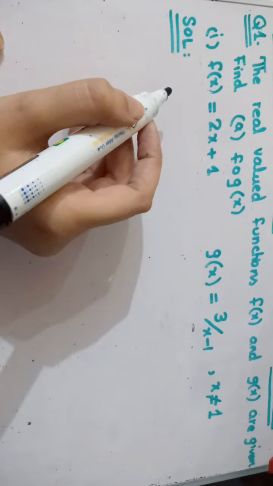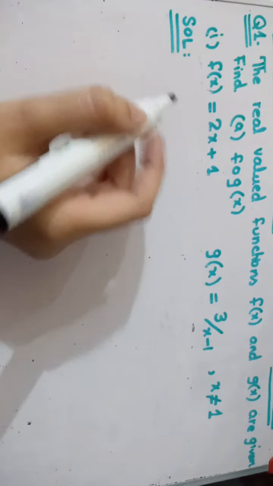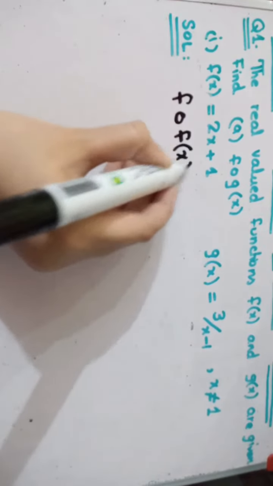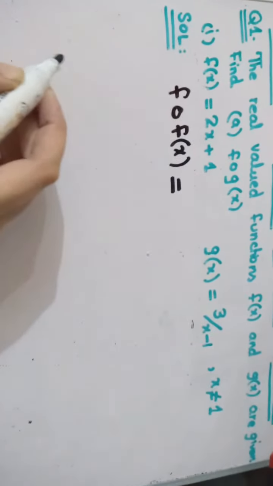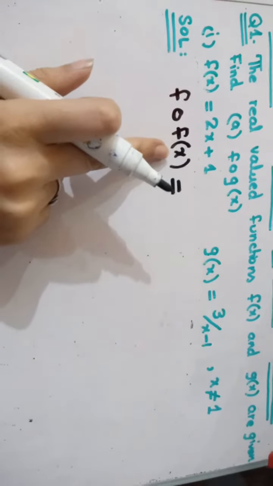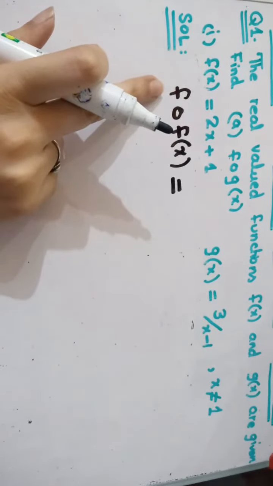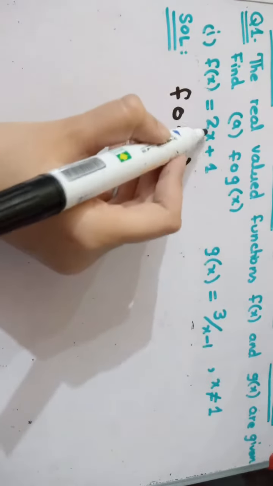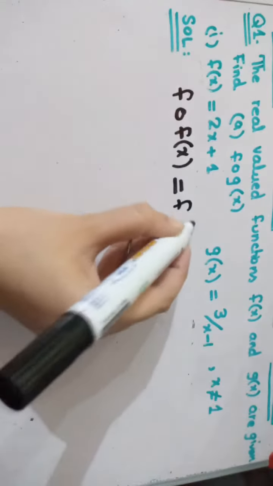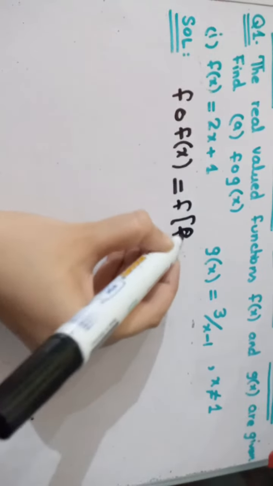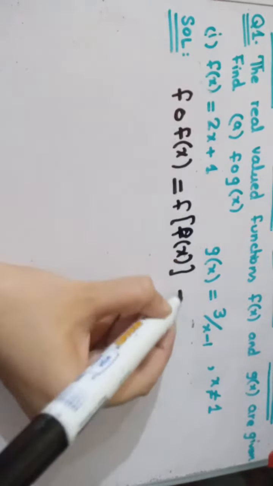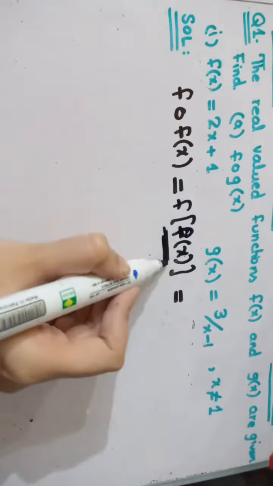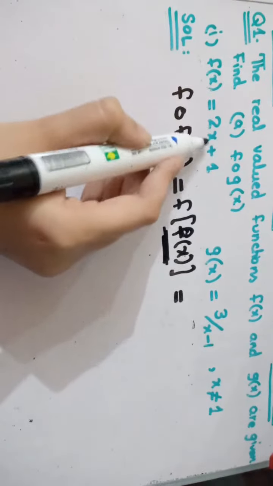The next one is we have to find f of f. Now what will you do? You will put the value of f in f again, because here f of f is 2x plus 1. You can also write it as f of fx. As you know, f is 2x plus 1, and you also have to put the value of f of x, where f of x is 2x plus 1.